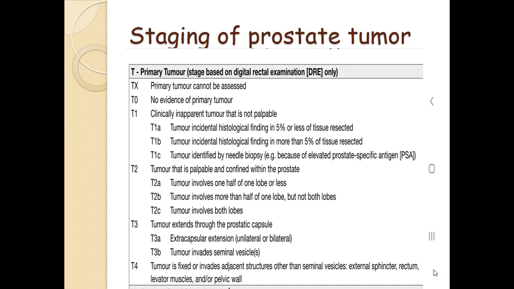T0 are the patients who had a raised PSA with negative biopsy. These are the patients where we usually go for repeat biopsy, or we are planning for transperineal biopsies in those patients who had an elevated PSA with the passage of time, even on a repeat PSA, and the biopsy is negative.